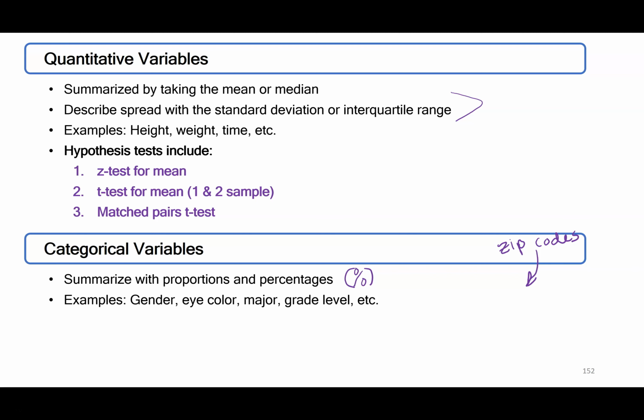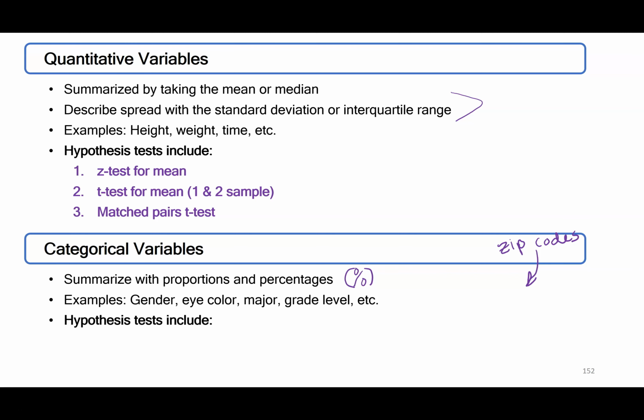If they are numeric, they're numbers that don't make any sense to average. So something like a zip code or a phone number or ID numbers, that kind of idea. But a lot of times, if what you're collecting, the variable you're actually recording on individuals, if it's a word rather than a number, it's going to be a categorical variable most of the time.